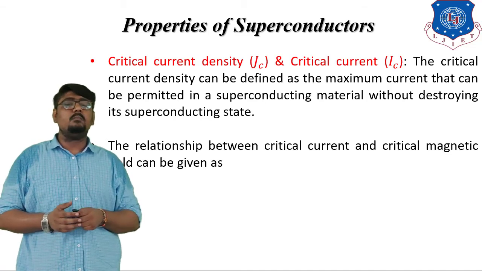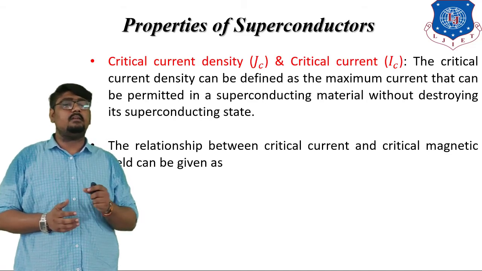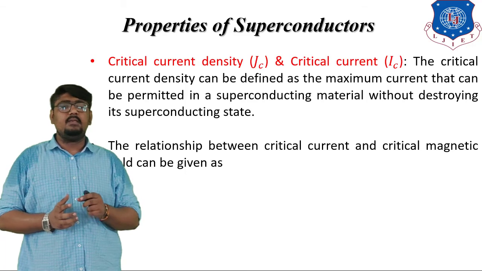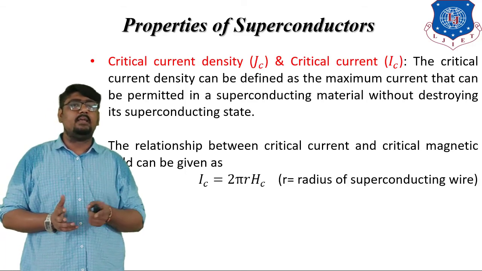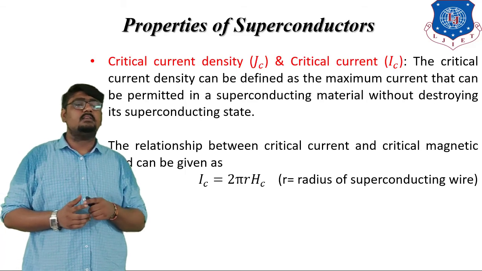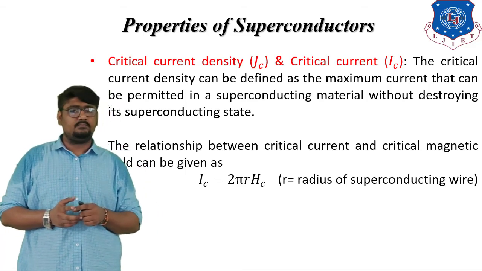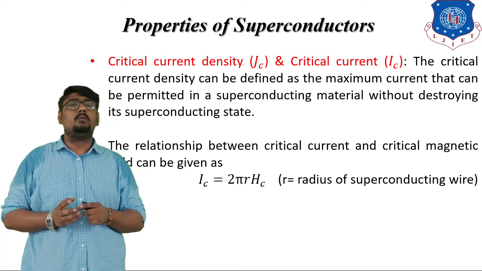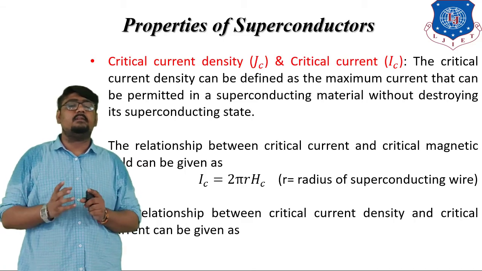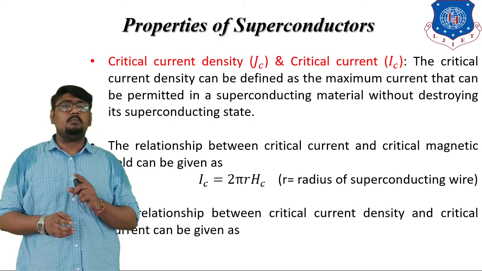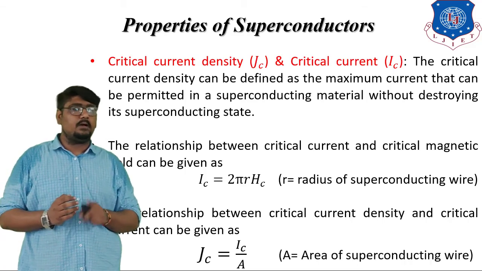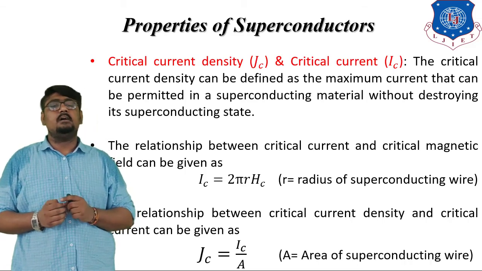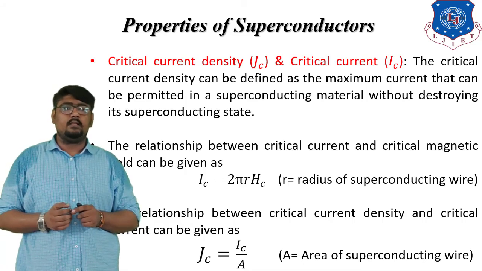The relationship between critical current and critical magnetic field is given by Ic equals 2 pi r Hc, where r is the radius of the superconducting wire. And the relationship between critical current density and the critical current is given by Jc equals Ic divided by A, where A is the area of the superconducting wire.